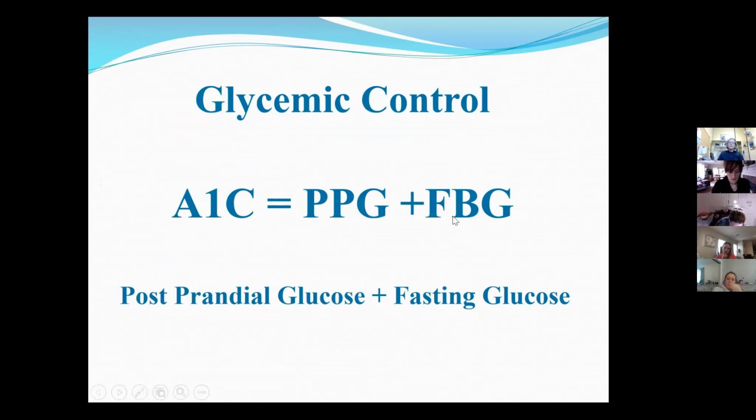Whereas fasting just tells us about what's going on then, and postprandial is just what happens in response to eating, A1C is actually telling us about all of it, what's gone on over time, because some diabetics have pretty good fasting blood glucose levels, not such great postprandial. And the A1C is going to tell us about that.